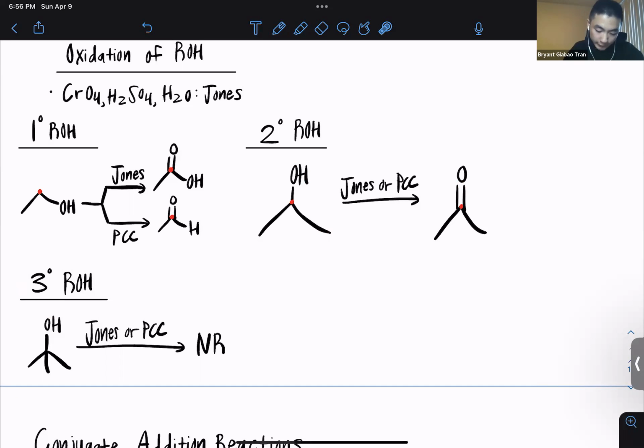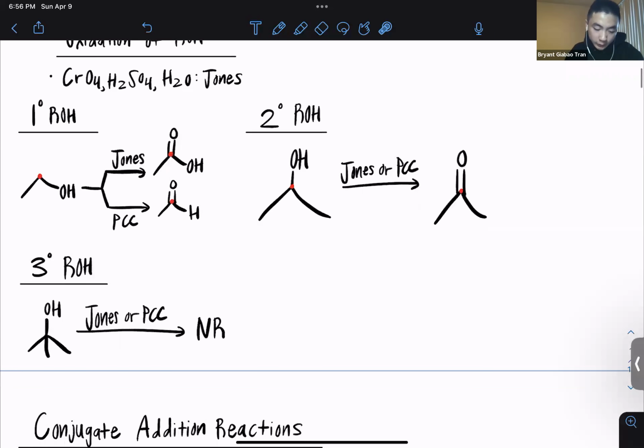If you react a tertiary alcohol with Jones or PCC, you are going to get no reaction because the carbon that's attached to the alcohol does not have a hydrogen to remove or add extra oxygen bonds to. In these reactions, the most complicated case would be the primary alcohol because it would matter whether you choose the Jones reagent, the strong oxidizing agent, or PCC, the weaker oxidizing agent.